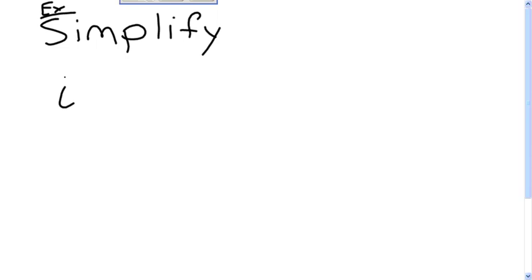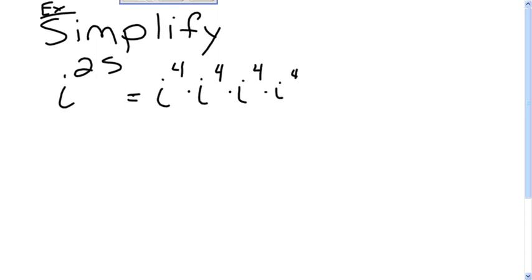So we are going to simplify a high power of i, such as i to the 25th. If we need to simplify i to the 25th, that's the same thing as six i to the 4ths, and 1 i left over.